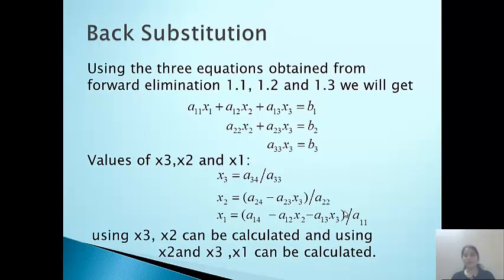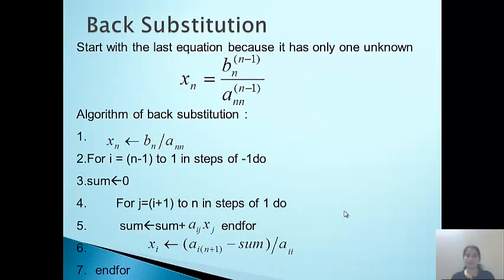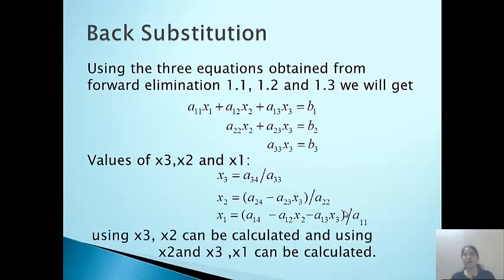As we have talked about sum, if we look at x1, a12 x2 plus a13 x3 is the value of sum for x1. So for n equations we will get n minus 1 terms added in sum. So using back substitution we can calculate the values of x3, x2 and x1.